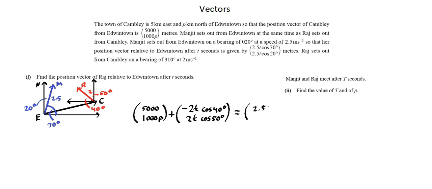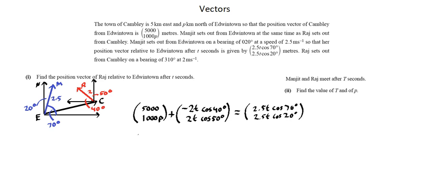And the position vector for Manjit is (2.5t cosine 70 degrees, 2.5t cosine 20 degrees). Notice that we have an additional variable in the y value of the starting portion of Raj's vector, 1000p.